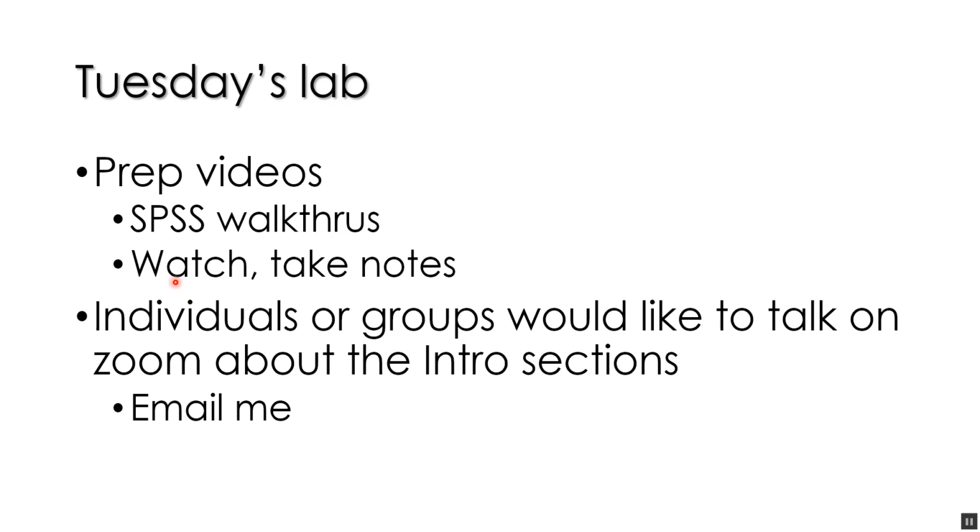Watch and take notes because you're going to be doing the same thing as in those videos. And if individuals or groups would like to talk to me on Zoom about the intro sections, email me and we'll set something up for Saturday or Monday so we can talk about that before our next class and so you can get going.